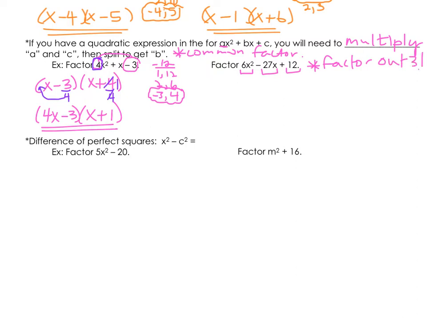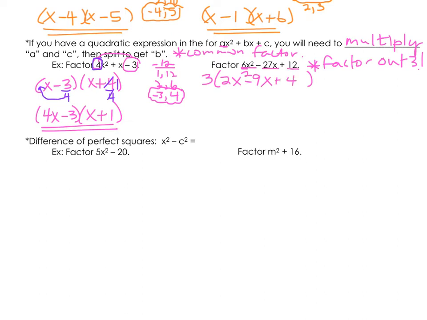And we have to do that first before we multiply our parts together. So if we factor out that 3, let's see what's left over. 3 goes into 6x squared 2 times, so we'd have 2x squared left over. Minus, 3 would go into 27 9 times, that would give us 9x, plus 3 goes into 12 4 times.